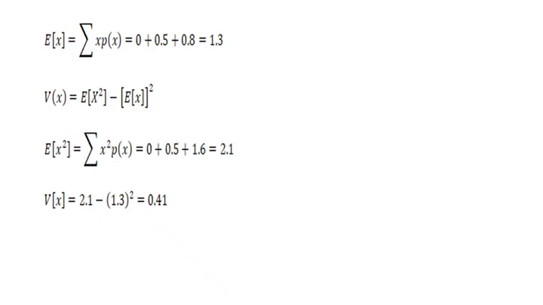After getting our E of x squared, we can then estimate our variance. So our variance is E of x squared minus E of x all squared. Here we estimate our E of x squared, which gives us 2.1. Then we calculate our variance by taking E of x squared minus E of x all squared, which gives us 0.41. Thanks for listening.